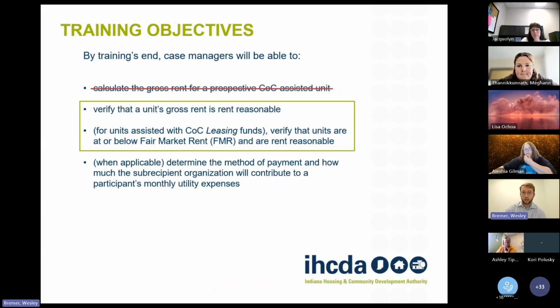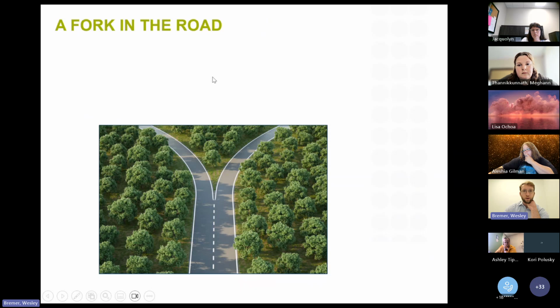Thank you, Megan. And yeah, we're going to get an even more concrete example of how to do that in a moment. So we're on to learning objectives 2 and 3, and we're going to look at a fork in the road. Okay, so a small reflection comment here. These trainings can be difficult because some of the content we share is one size fits all.